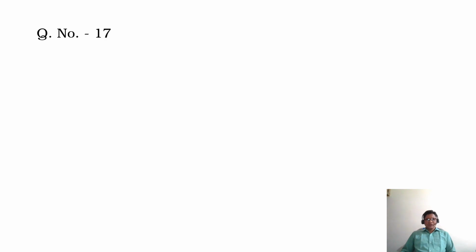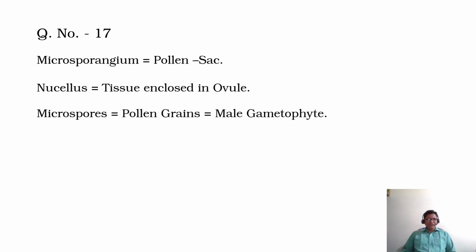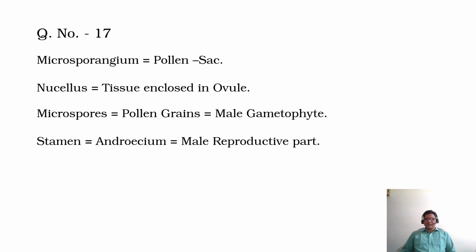Stamen. Let's see. Microsporangium is also called pollen sac. The tissue enclosed in the ovule is called nucellus. Microspores, also called pollen grains, are considered the male gametophyte. And stamen is also called androecium, a male reproductive part.